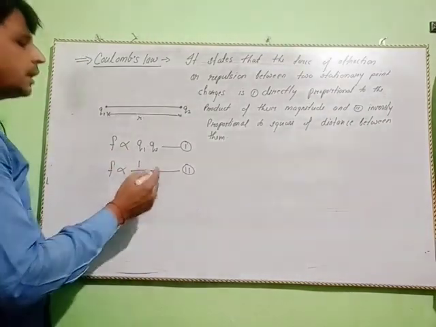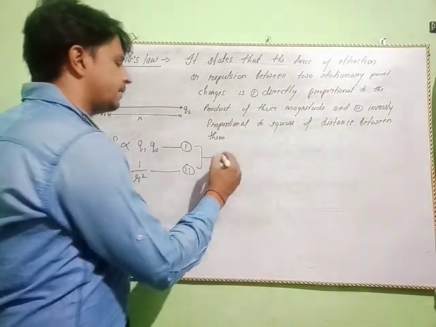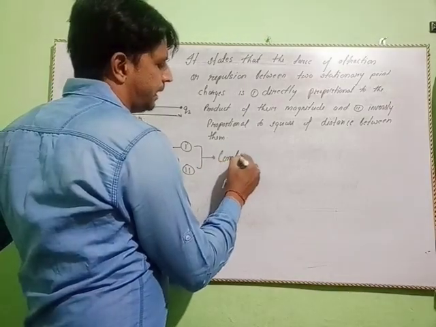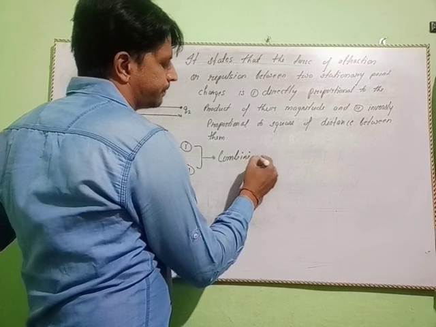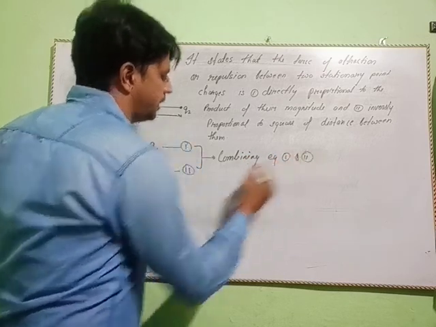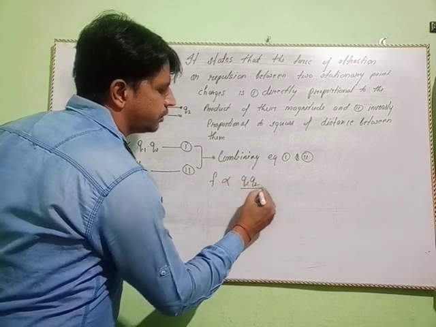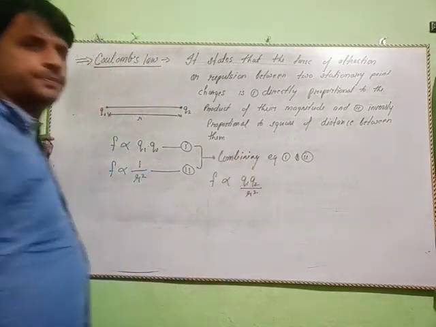Now combining both the equations, equation first and second, force is proportional to q1 q2 upon r square.